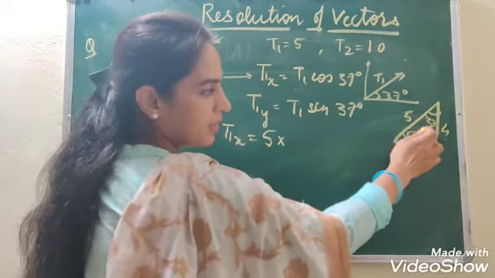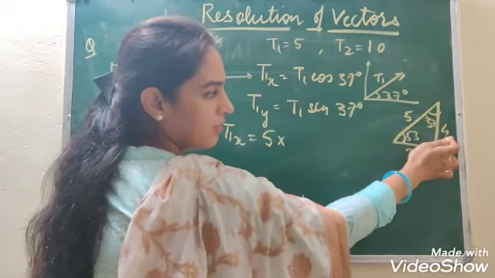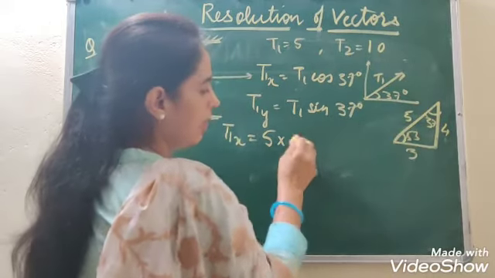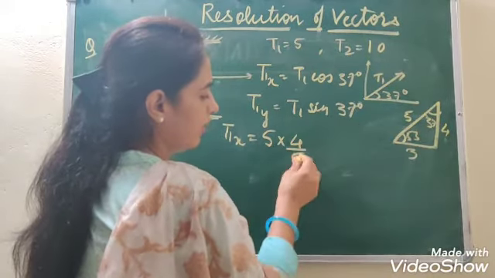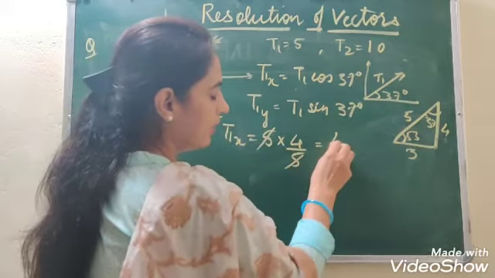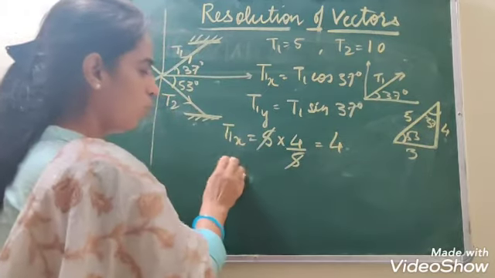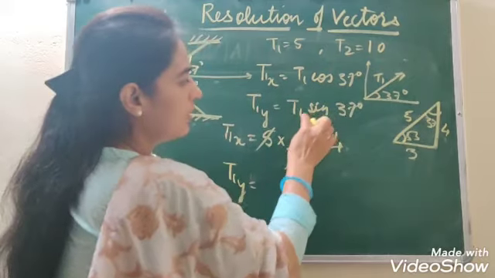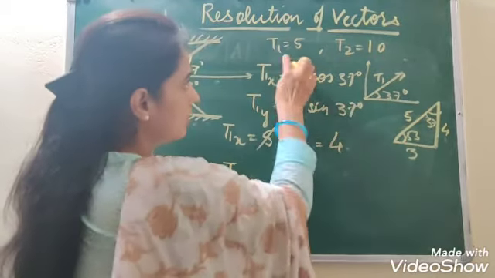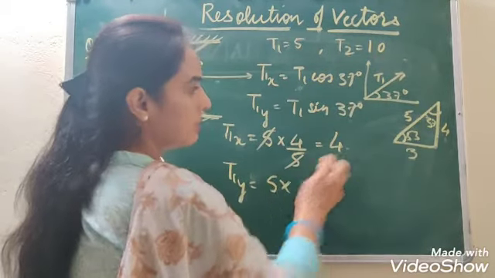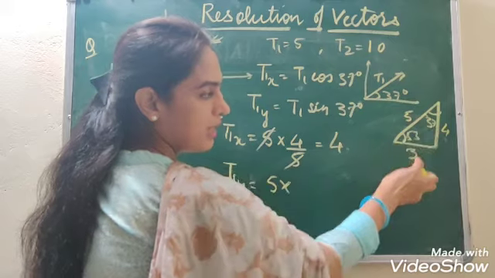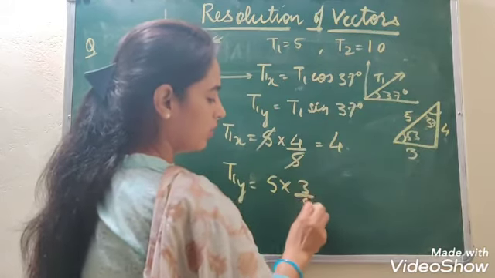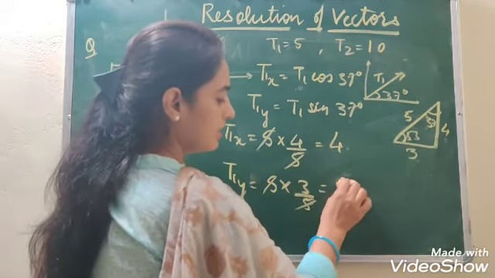What is cos 37? In this triangle, cos 37 will be 4 by 5. So 5 gets cancelled. T1 in the x direction is 4. What is T1 in the y direction? That is T1 sine 37. T1 is again 5. Sine 37 is 3 by 5. So this is 3.